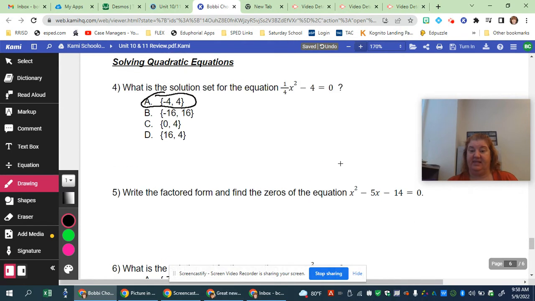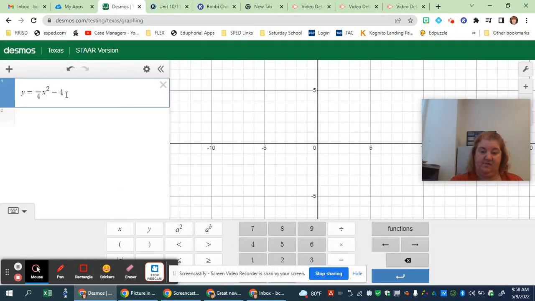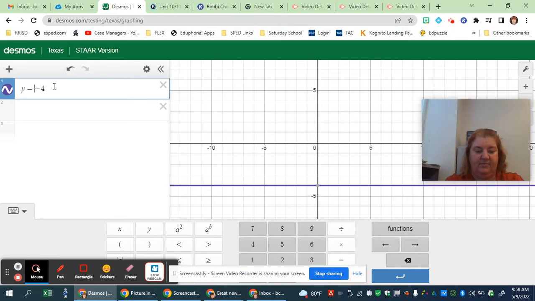Same with this one. I'm going to do the same thing. I'm going to type x squared minus 5x minus 14. So x squared. I have to take it all out. Okay, there we go.